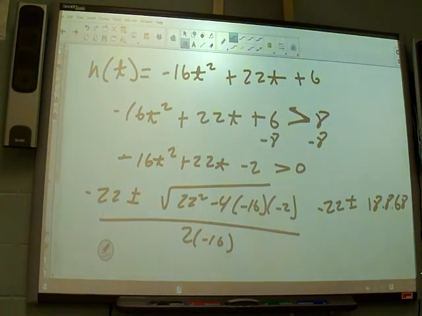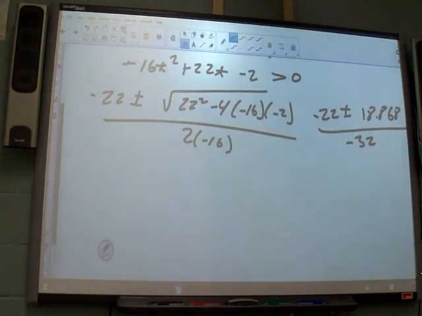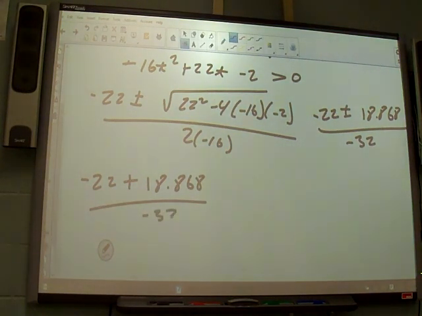I did 3 decimals because it said thousandths: tenths, hundredths, thousandths. All divided by negative 32. You can test me in your calculator on that. So now I had to do negative 22 plus 18.868, get an answer, and divide it by negative 32. Then I had to do negative 22 minus 18.868, get an answer, and divide it by negative 32.